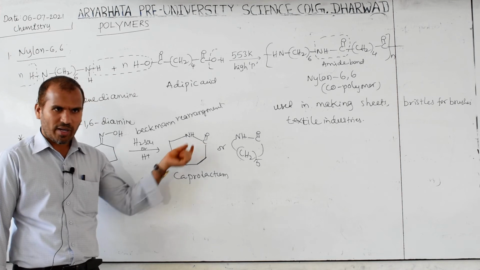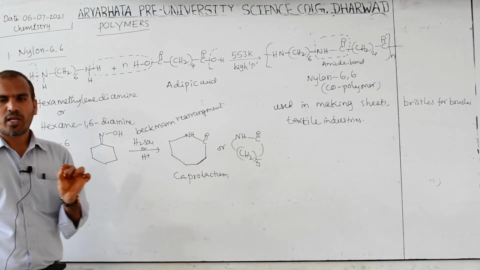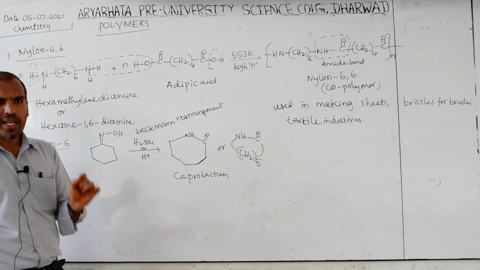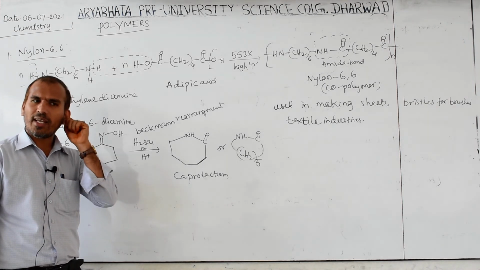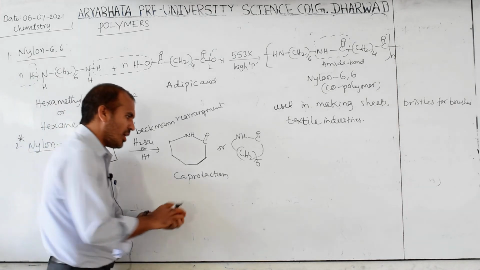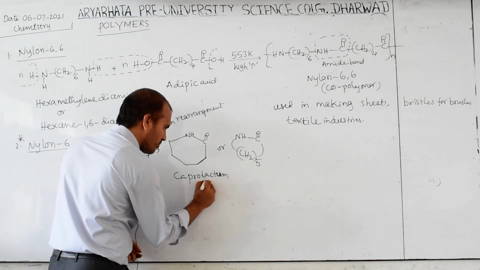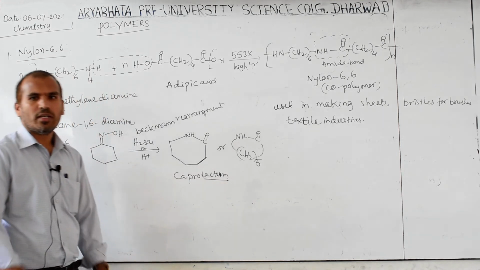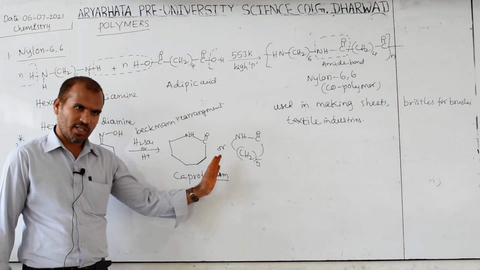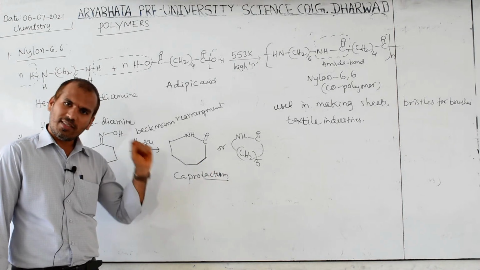Cyclic amides are known as lactam. If you don't know, note it down: cyclic amides are known as lactam. Caprolactam this is. This equation does not appear in your textbook, but they are asking it.